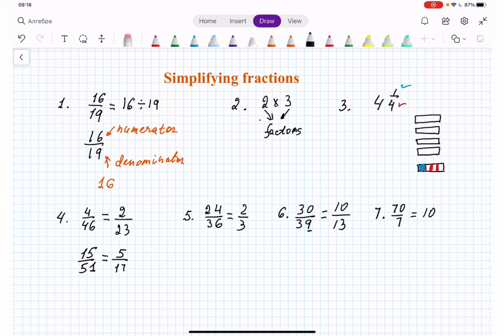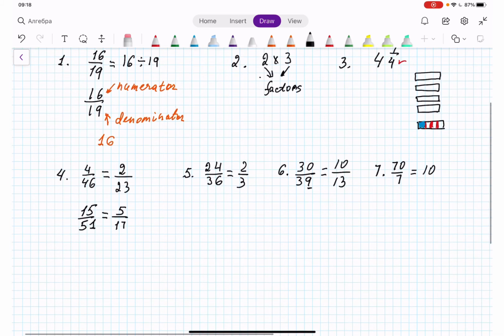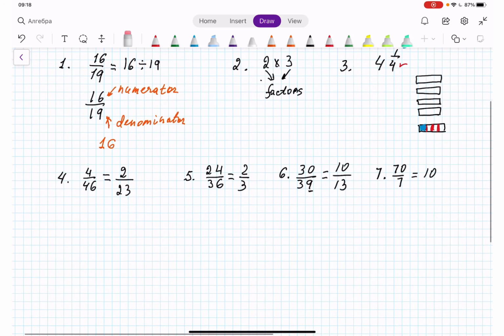Next question. Question number 8. Let me clean here, make space. What do we have? Change to mixed numbers. We have 13 over 8.